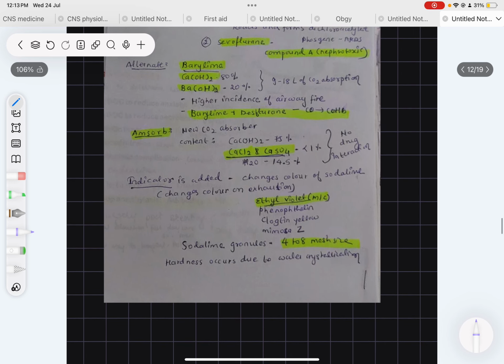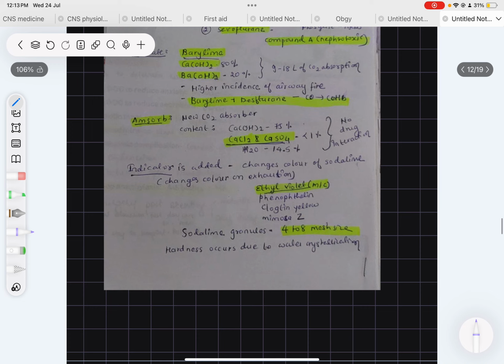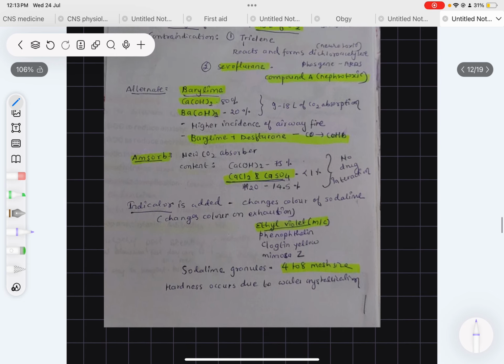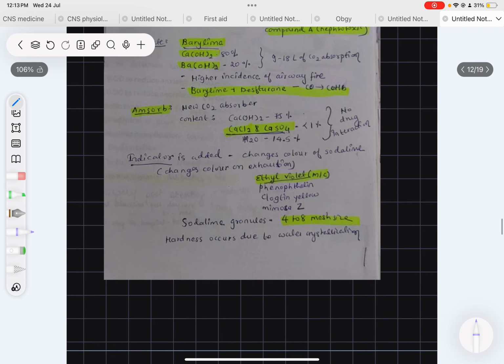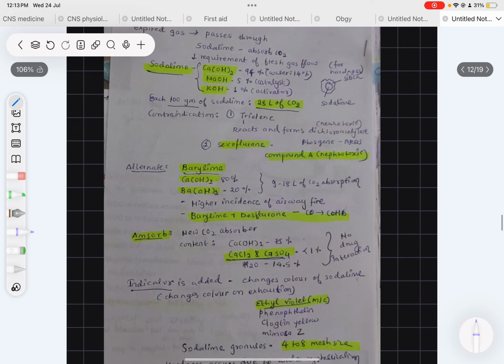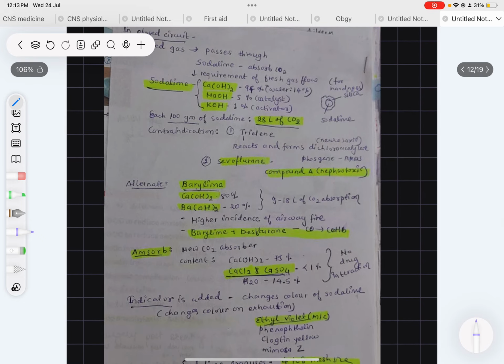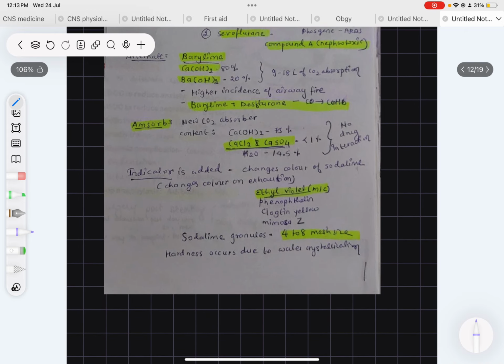Now the alternative is baralyme, in which there is calcium hydroxide 80%, barium hydroxide 20%, and 9 to 18 liters of CO2 absorption. A higher incidence of airway fire will be there. Now in the previous one, with sevoflurane and soda lime or baralyme, carbon monoxide will be formed.